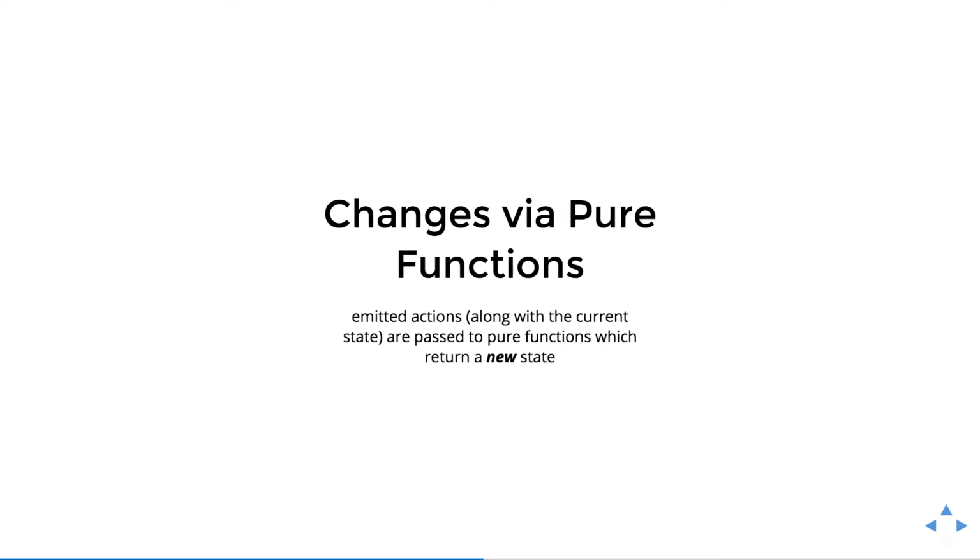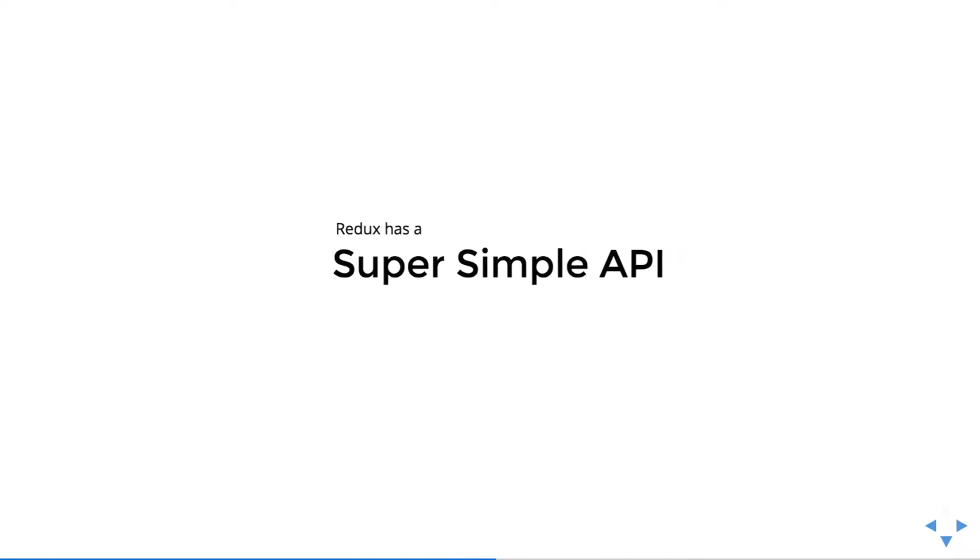So that's the purity there. This makes it very easy to test because there's no mocking. I mean, you're passing in something and you're getting something back, and you do that with the same information, you get the same thing back, right? So it's very predictable. It's very easy to manage, very easy to maintain, and it's very, very scalable as well.